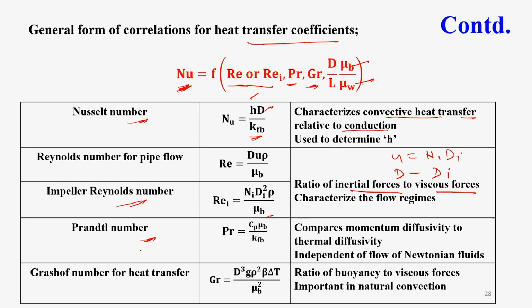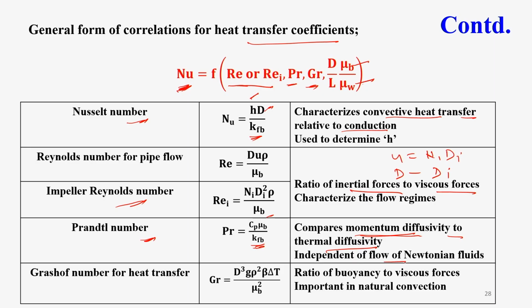Prandtl number compares the momentum diffusivity with the thermal diffusivity: Cp, the heat capacity, into mu B, the viscosity, divided by the thermal conductivity.